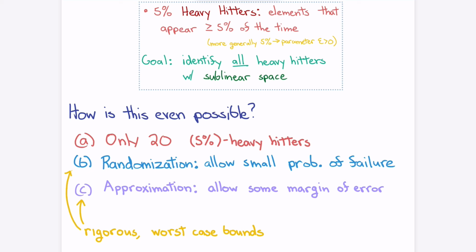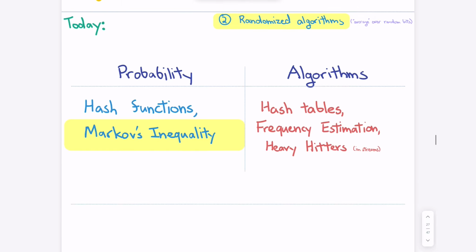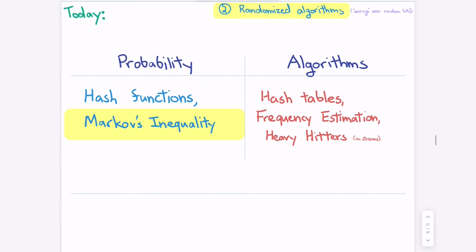We're going to bound it. We're going to have trade-offs. So you'll still get worst-case rigorous stuff, things that you can actually use. It's not like a heuristic. But you'll see algorithmically how allowing for a little bit of error lets us get away with stuff that we shouldn't.